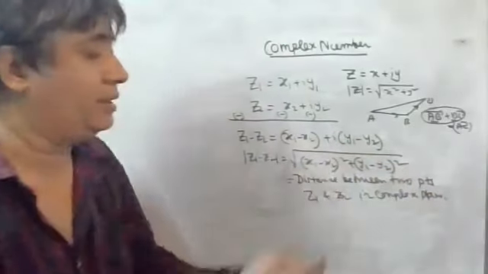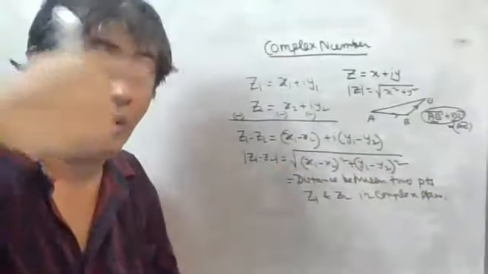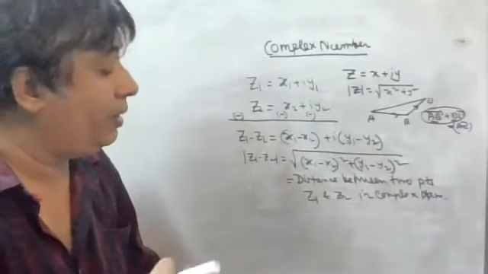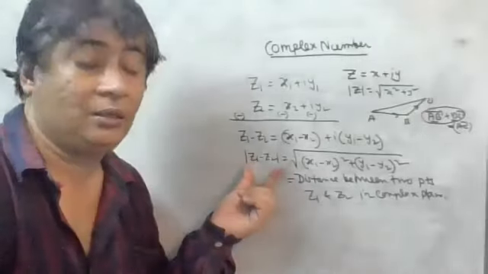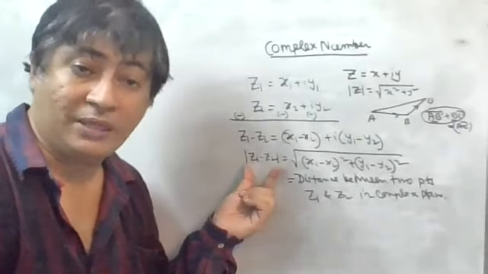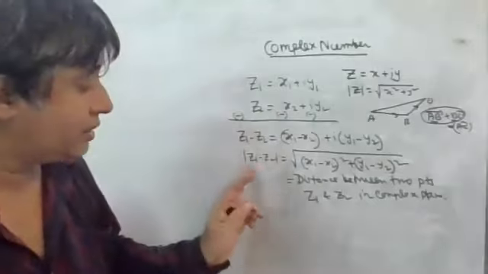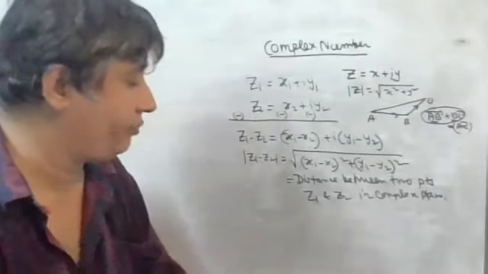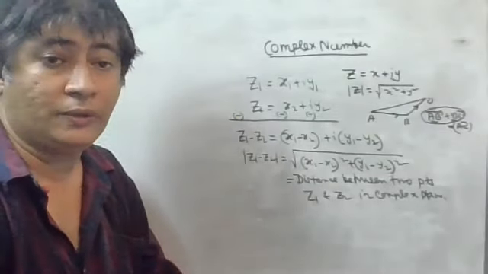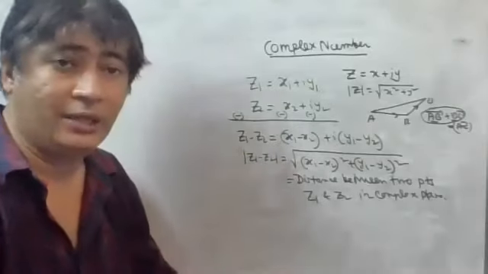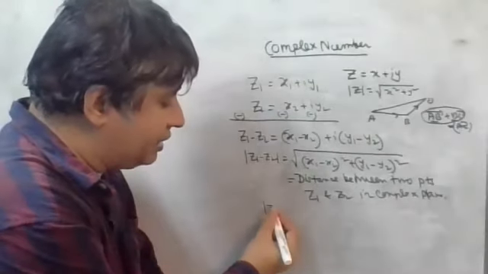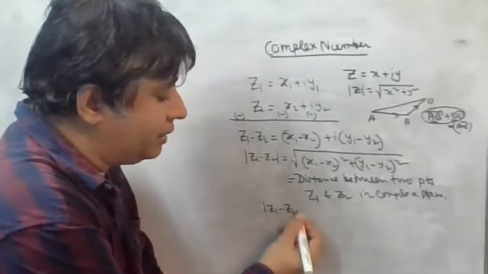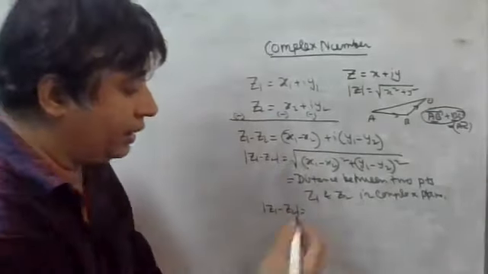That means the distance formula which you got in coordinate geometry represents the same concept in complex numbers. Okay, distance between 2 points. Hope you understood.